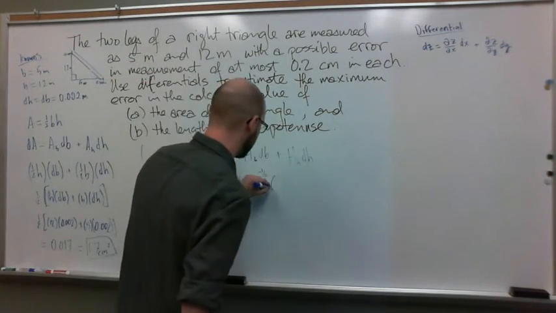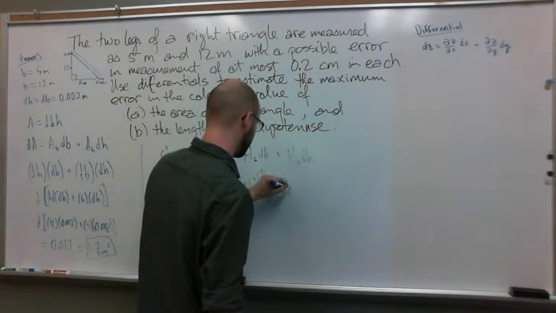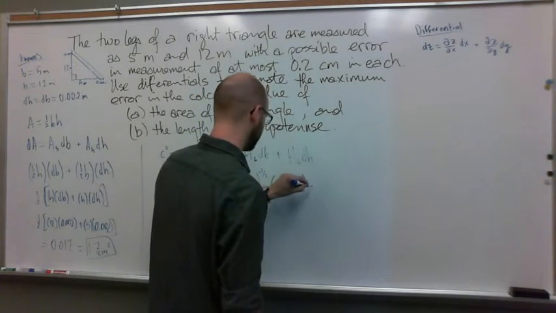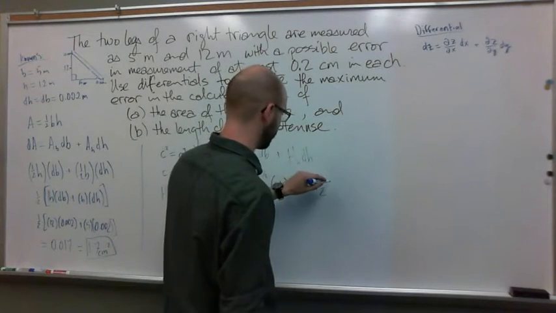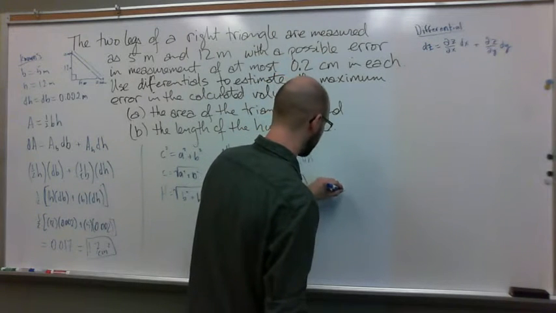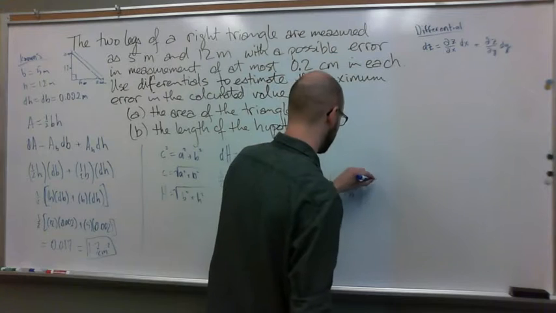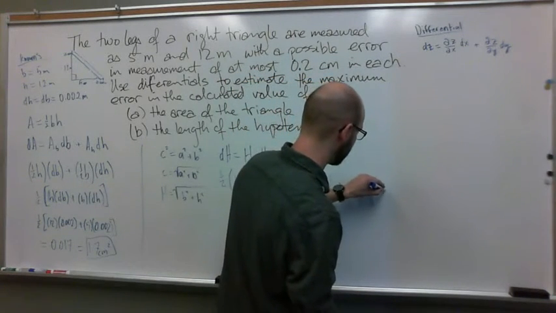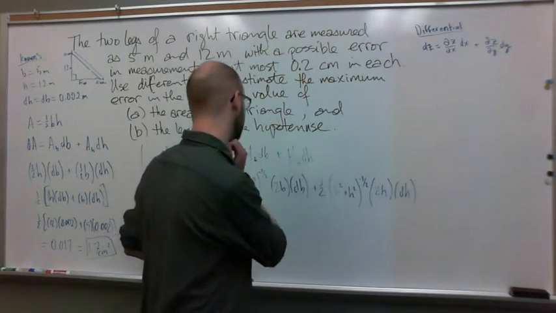the derivative on the inside, which is going to be 2b, and then times that by db, plus 1/2 times b squared plus h squared to the power of -1/2 times the derivative on the inside, which is going to be 2h, and times that by dh.